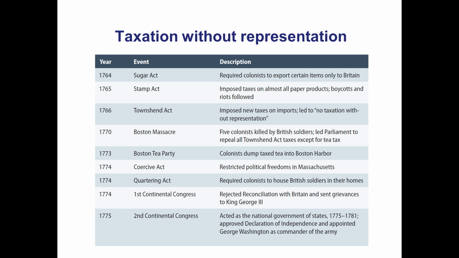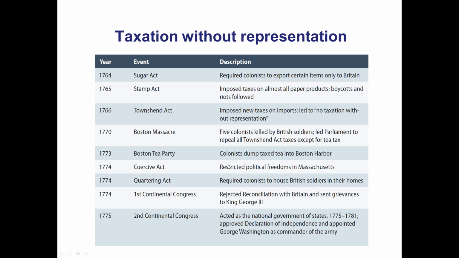You have things like the Sugar Act, which is restricting who the colonies can trade with, Stamp Act, which is a broad tax, pretty much on any sort of official document, Townshend Acts, again, more taxes. You get into some civil unrest here with the Boston Massacre and Tea Party, two famous events which most of you are probably aware of already.